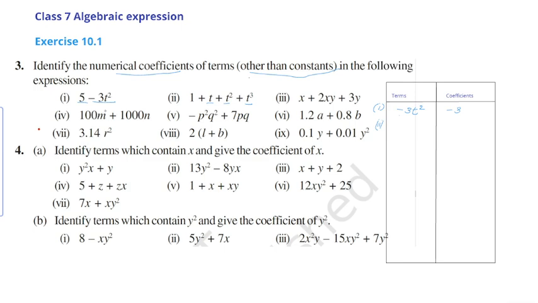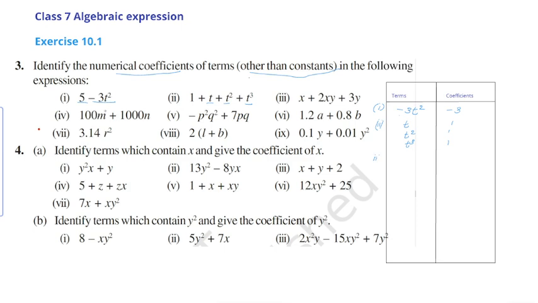So, we have t, t square and t cube. So, 3 terms are there in the second question. What is the numerical coefficient? All the terms have 1 as the coefficient. So, what is the coefficient here? 1, 1, 1.